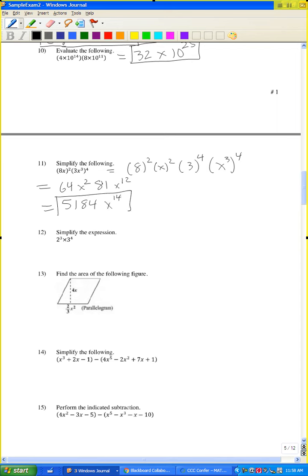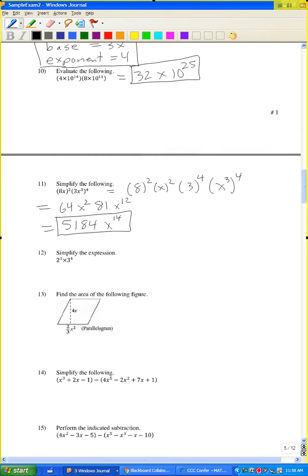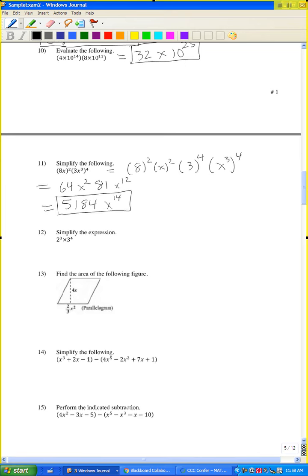And that is your answer. Okay. Let me do problem number 12. 3 to the fourth, 3 cubed, 2 cubed, 8. 3 to the fourth, 81. 8 times 81 is 648.